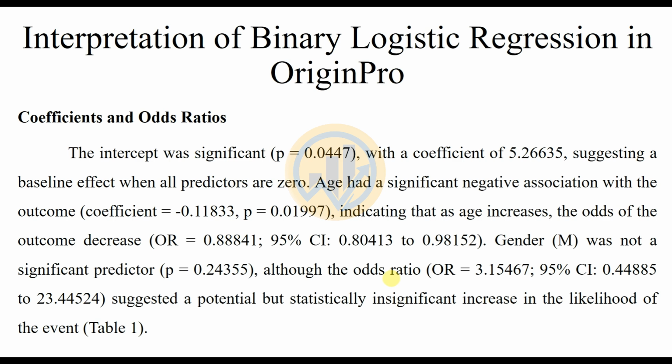Gender was not a significant predictor, p equals 0.24355, although the odds ratio OR equals 3.15467, with a 95% CI of 0.44885 to 23.44524, which suggests a potential but statistically insignificant increase in the likelihood of the event. Table 1.